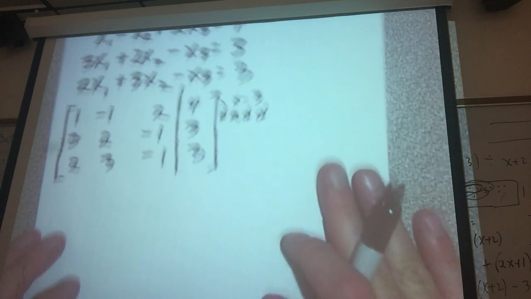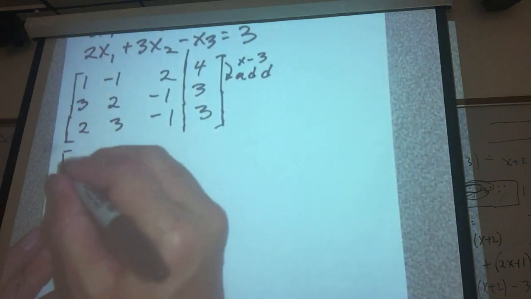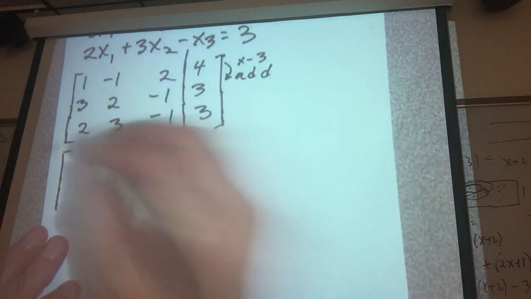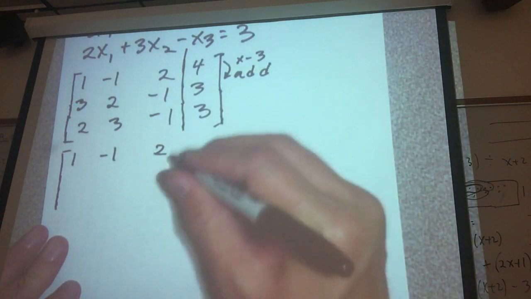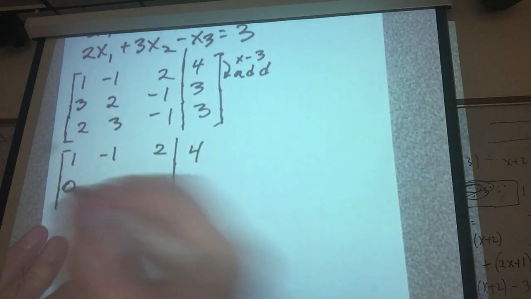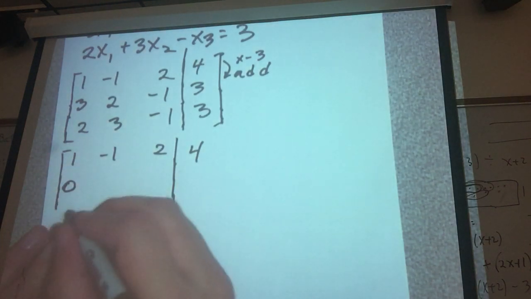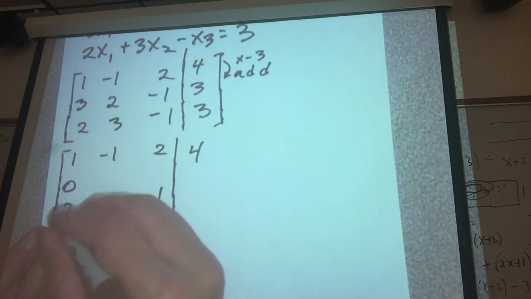Okay. Let's go down a bit. Okay, so the top row is actually not affected by this. We're just going to leave it alone. Okay, so what we want is a 0 right there. And then this is 2, 3, -1.